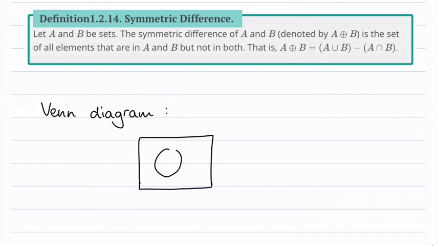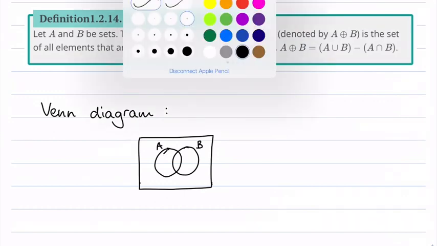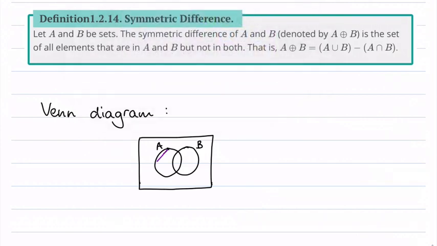So here we've got our set A, we've got our set B, and what we want is elements that are in A or in B but not in both. So we're really wanting to exclude the intersection. So the elements that we want are these ones.